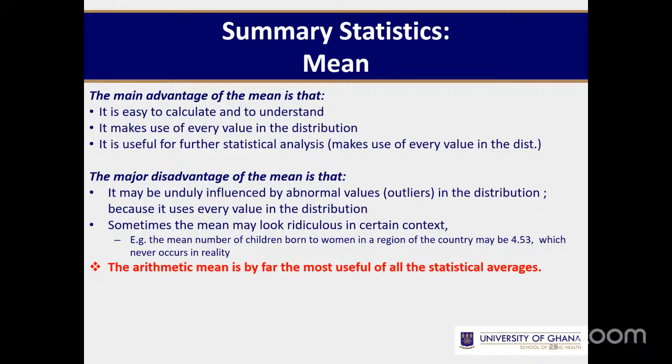If you calculate the parity of a woman and it is 4.5, what does it mean? The mean number of children born by a woman is 4.5 or 4.3. In reality, you can't have 4.5 children. You can't have 0.5 of a child. So look at the context you are dealing with before you calculate the central tendency.